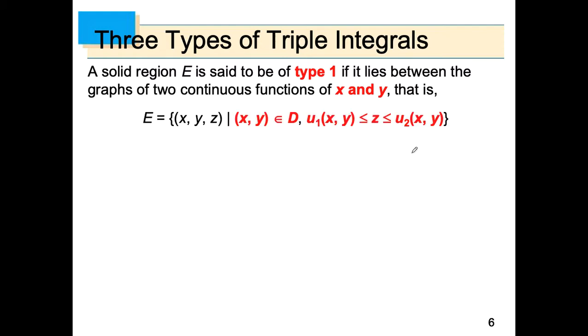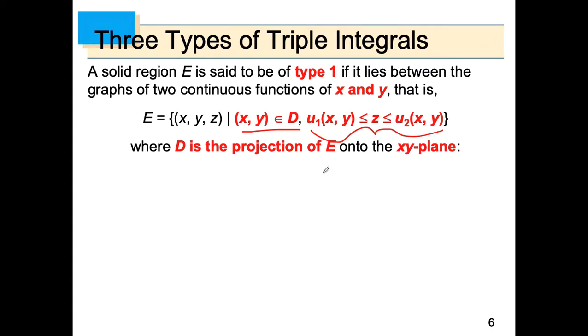Basically, a solid is type 1 if your x and y limits are just straight up constants, and your z can only be expressed in terms of functions of x and y. And if you're thinking, I don't really understand what that means quite yet, well, it's okay. Basically, what I'm trying to say is that D is the projection of E onto the xy plane.